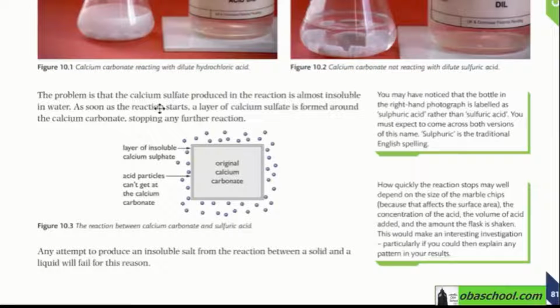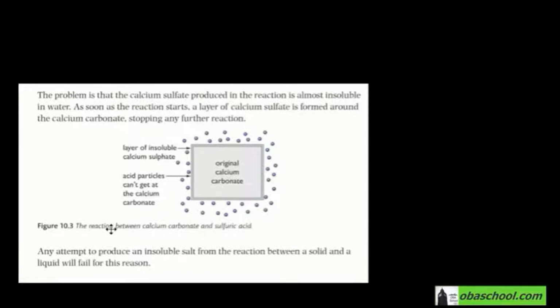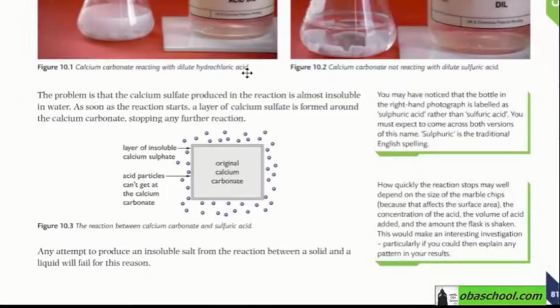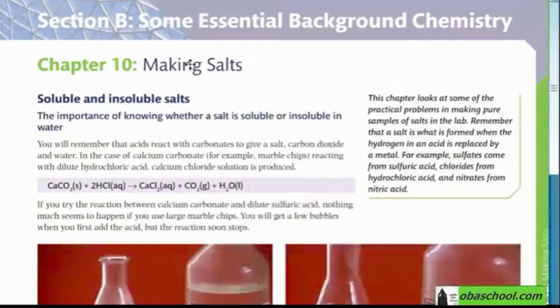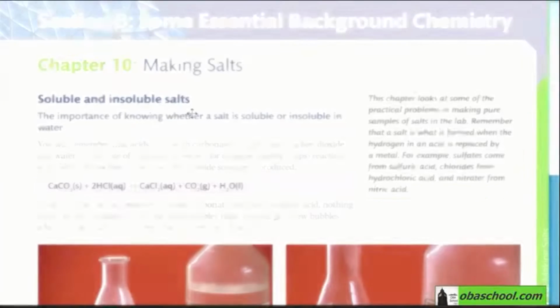Also, we'll see the reaction between calcium carbonate and sulfuric acid. This reaction is not happening since this layer is stopping the reaction. We'll talk about all these points in the first video. So soluble and insoluble salts, page 81.